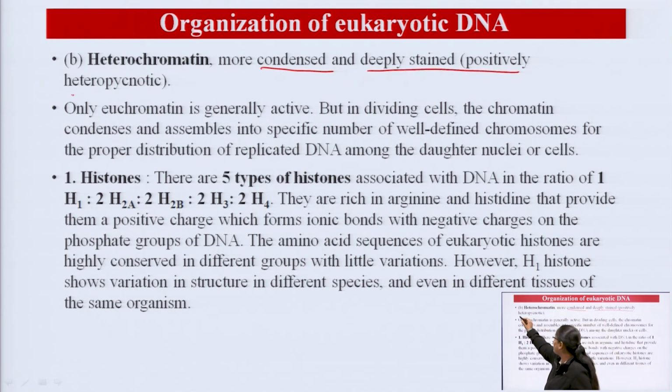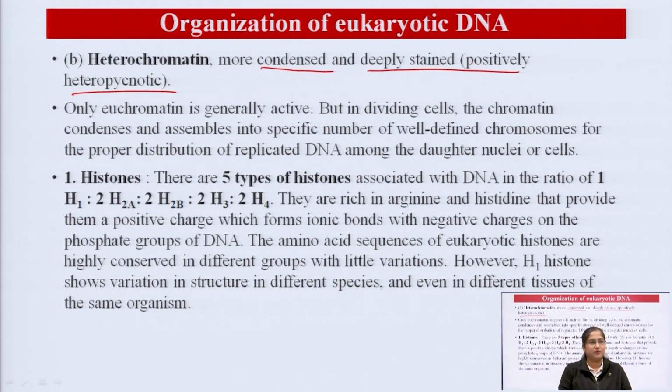They are called positive heteropyknotic. Only euchromatin is generally active, but in a dividing cell the chromatin condenses and assembles into a specific number of well-defined chromosomes for the proper distribution of replicated DNA among the daughter nuclei or cells.